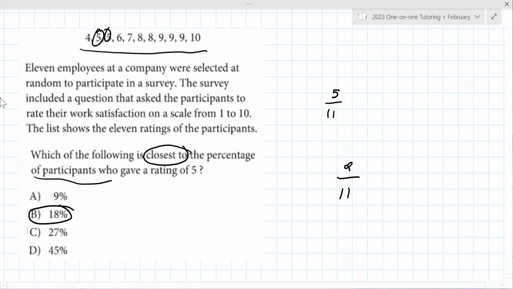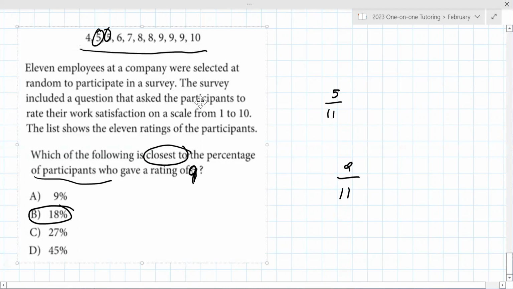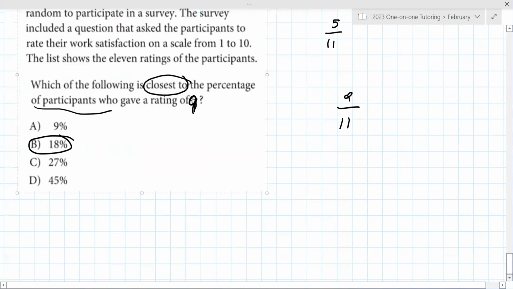Okay, so let's look at another problem here. That's the estimation part of this. If it asked for closest to a rating of 9, how would that change your answer? Actually, let me reset the problem here and just change that number to 9.